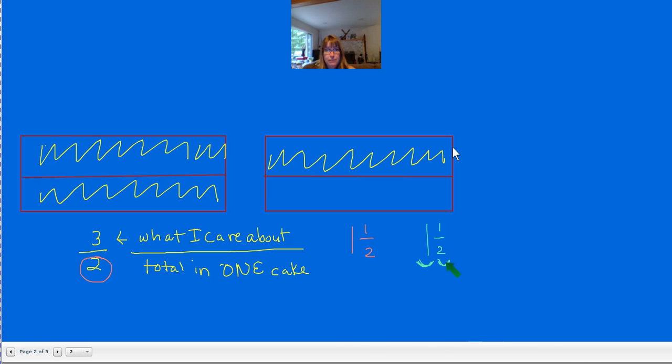So this is how many whole cakes I get to eat and how much of a part of a cake I get to eat. Now, a lot of times it's not going to be that easy for you to figure out, so we're going to have to actually do the division problem. I'm going to have our 3 halves.